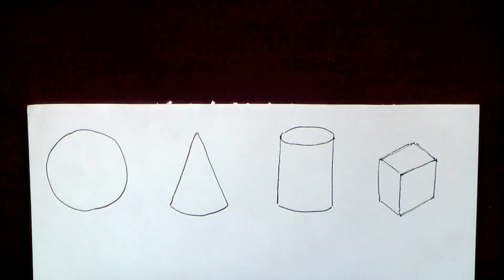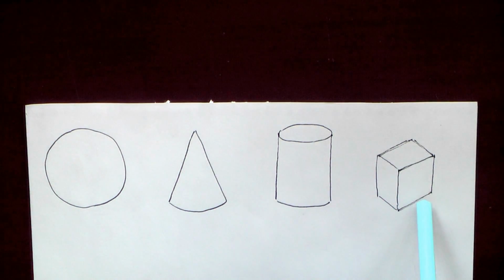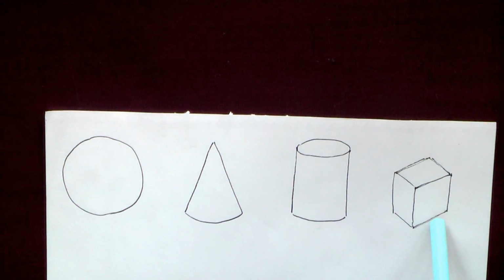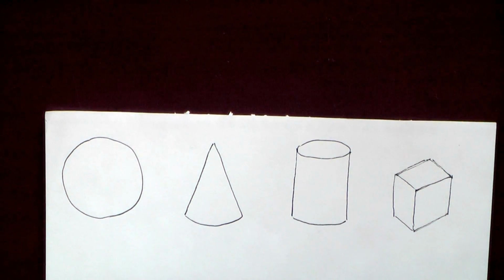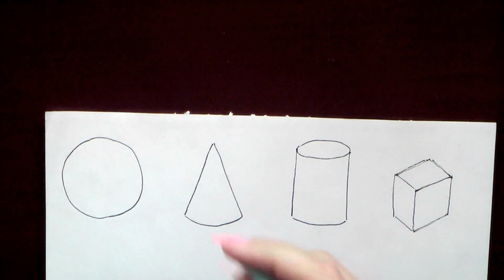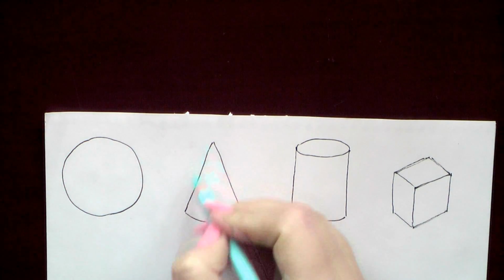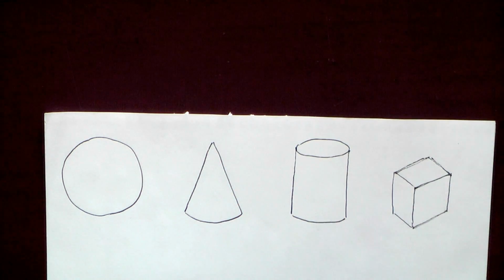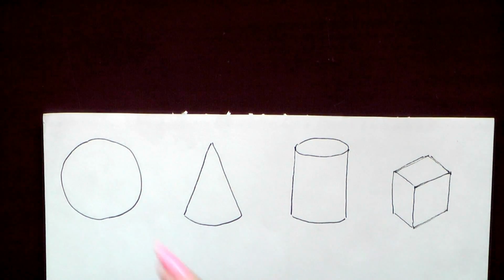And every object around us could be seen as a sum of these simplest shapes. So here we have very flat shapes, and we need to make them look three-dimensional.